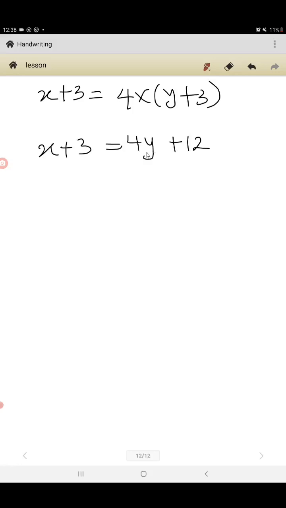And we put the constants in one position, and we put the variables in another position. So therefore, x minus 4y is equal to 12 minus 3.